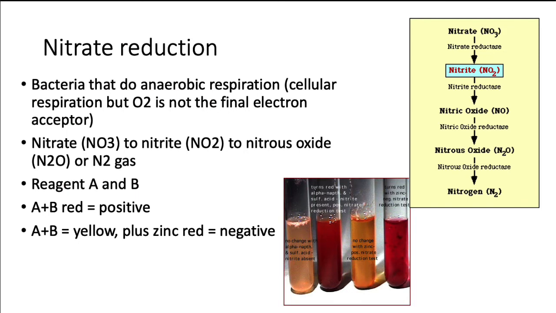In the part that is dedicated to tests related to respiration, we talked about catalase and oxidase, and I also want to talk about nitrate reduction. It may have been mentioned especially in the lecture part when you studied cellular respiration.